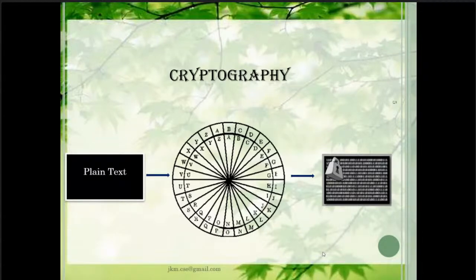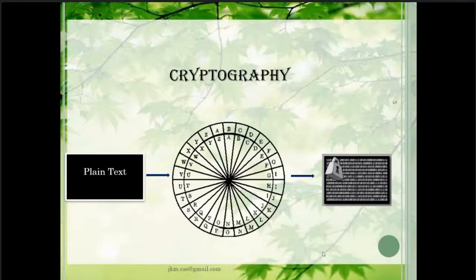But the problem of this cryptographic system is that I cannot ensure non-repudiation. That means if someone in the middle changed the information, I cannot ensure that it is the same information communicated from the source from which I intended it.